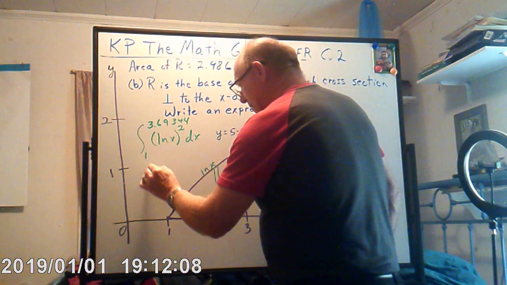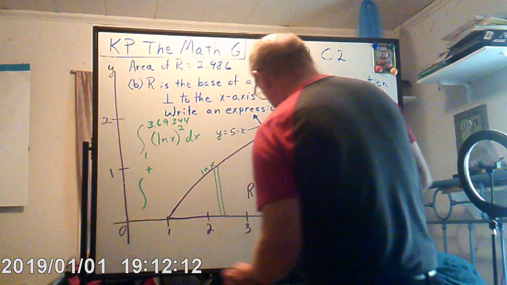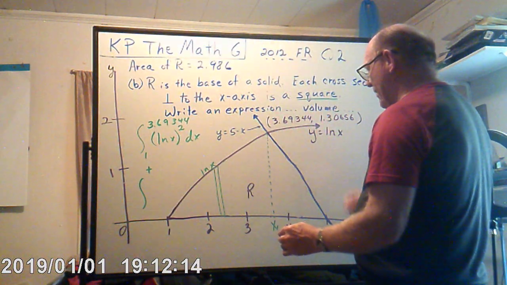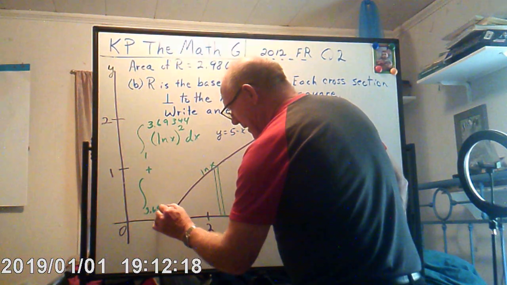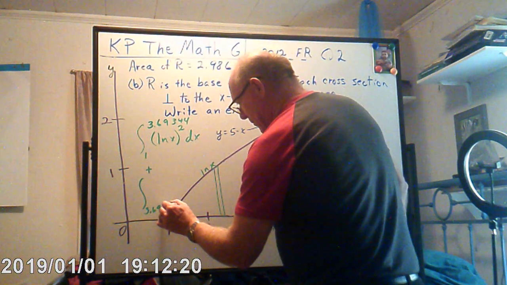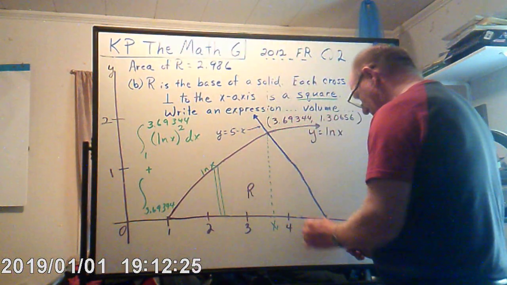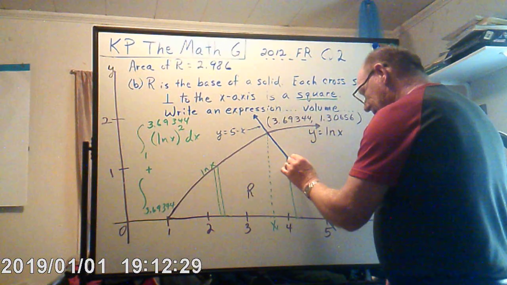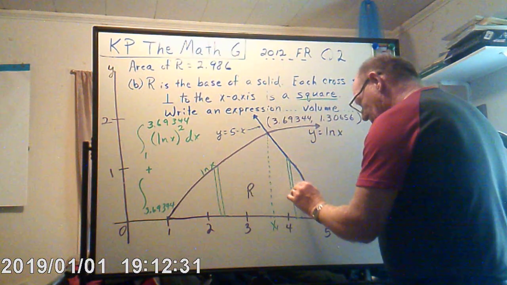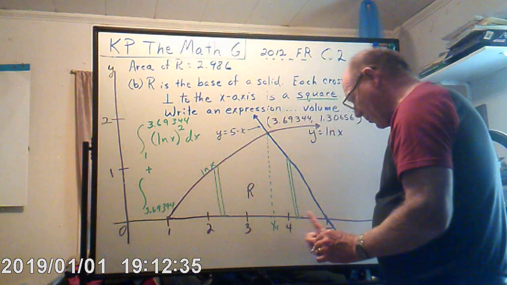In addition to that, we are going from 3.69344 to the end. This partition here is going to go all the way from this x1, which is 3.69344, to 5.